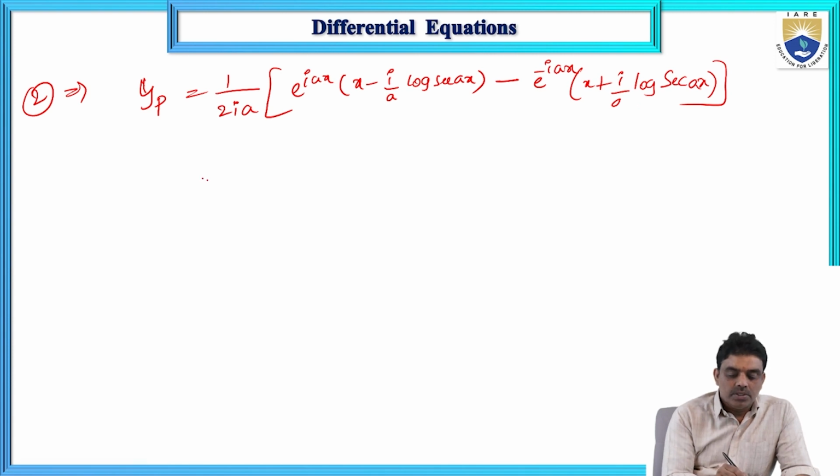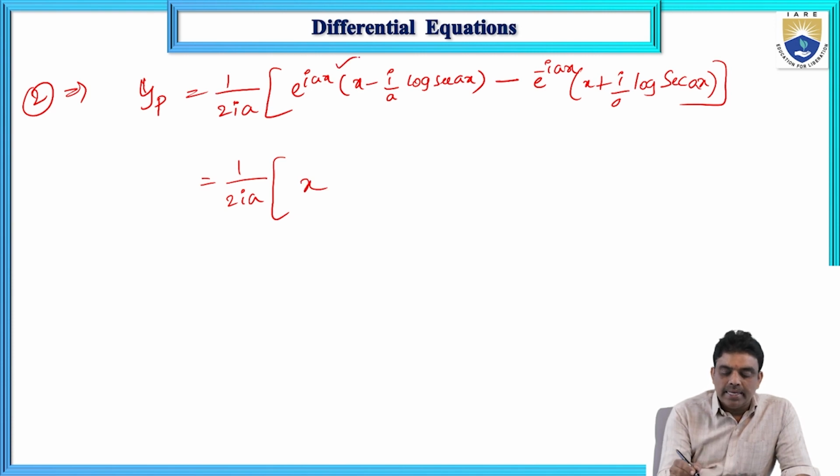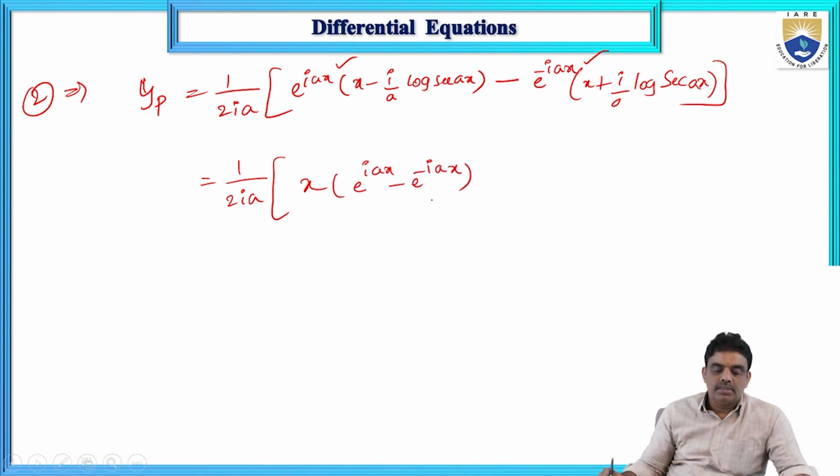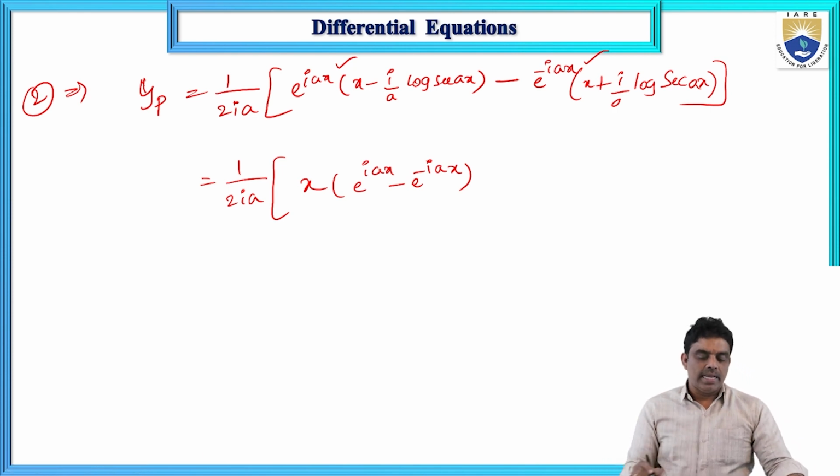So this is 1 by 2ia into, I'm taking out x, you'll get e power iax minus e power minus iax, from the first and third terms. Similarly, from the second and fourth terms, i by a log secant ax is common.